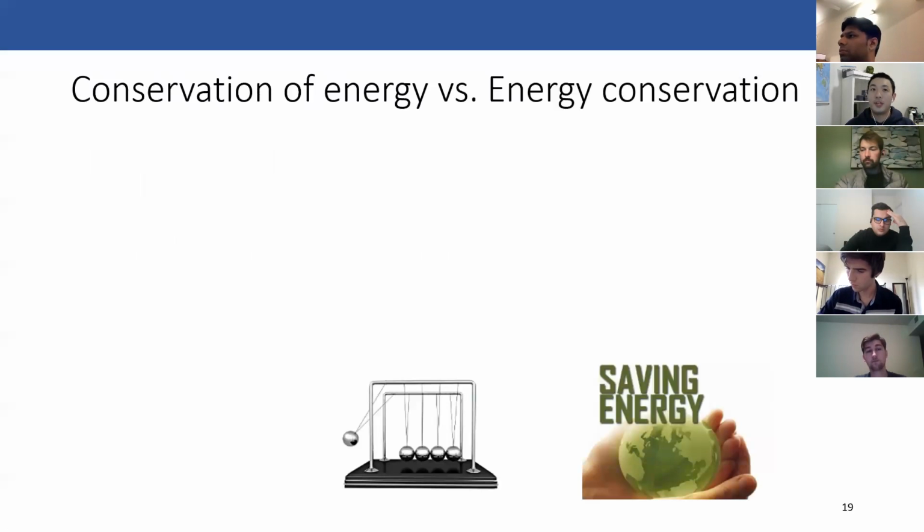Okay, a quick point of clarification. We'll often be talking about a concept known as energy conservation. In physics, the conservation of energy means something fairly different from what we'll be referring to a lot as energy conservation.